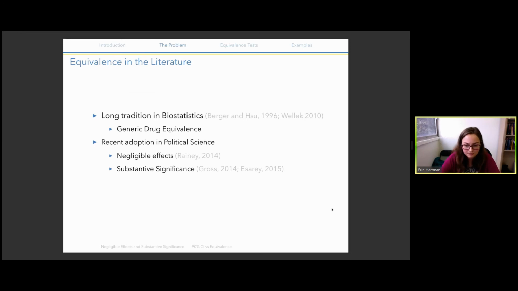And I believe there's another co-author there, Donovan, that I apologize I don't have on the slide. And there, the goal is to show substantive significance, that our effect is not only statistically significant, but the effect size is likely large and something that we care about substantively. And so those are related to this idea of equivalence testing.